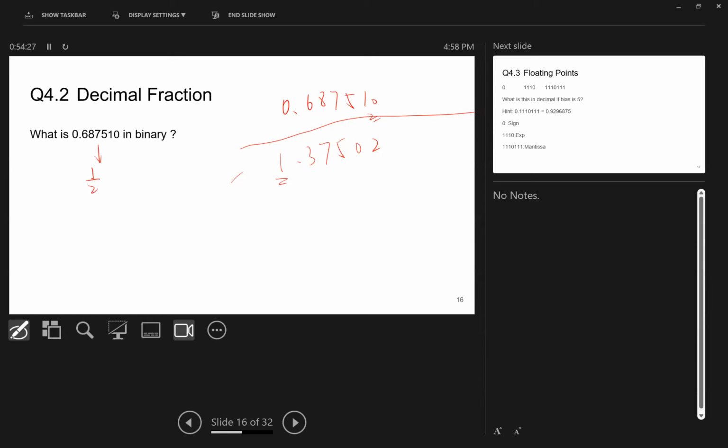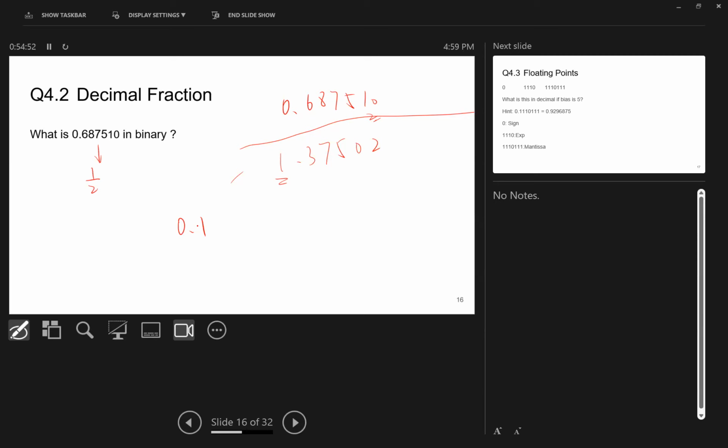Since we have 1/2, it means that we are going to have 1 here, right? Is it clear?